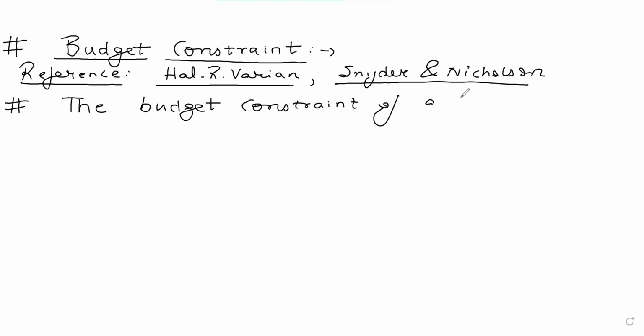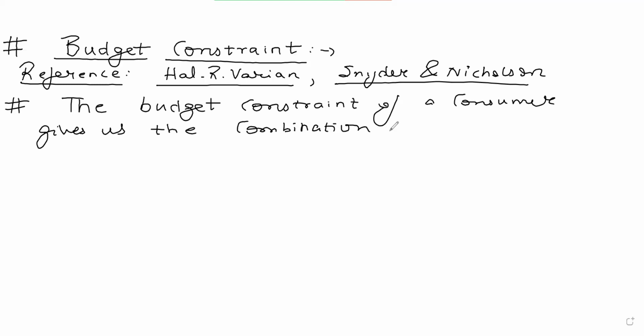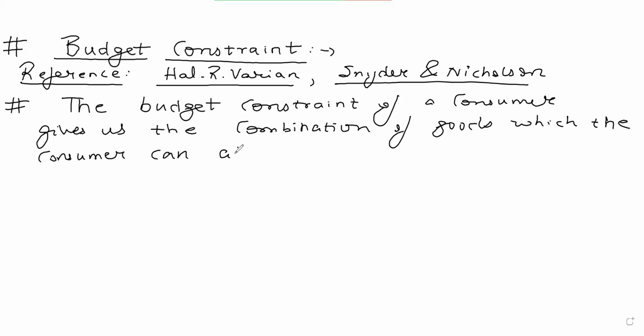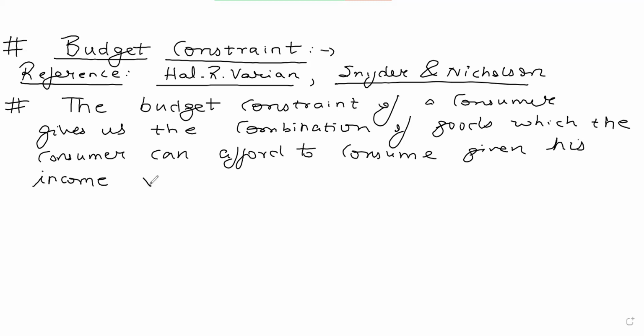of a consumer gives us the combination of goods which the consumer can afford to consume given his income and the prices of the consumption basket.